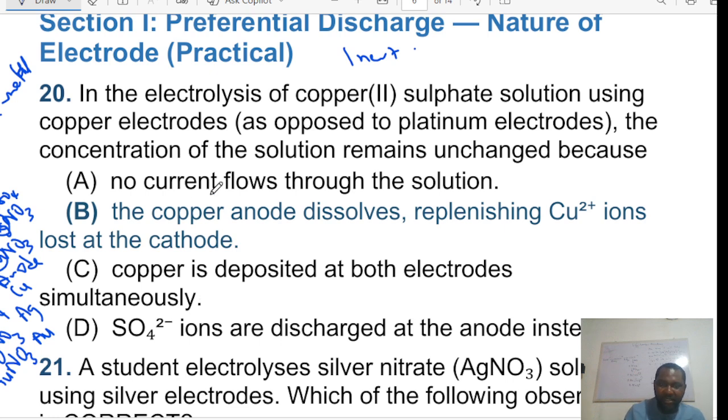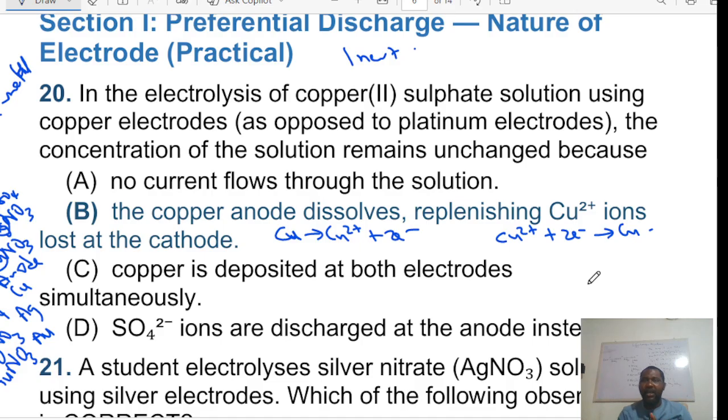For example, if I'm using copper, copper will dissolve at the anode. Then when it gets to the cathode, the ions will gain electrons back and be deposited as copper. So we use this for electroplating, and we also use it for purification of metals. The impure metal will become the anode, and when it dissolves, the impurities fall to the ground, and the pure metal accumulates on the cathode.